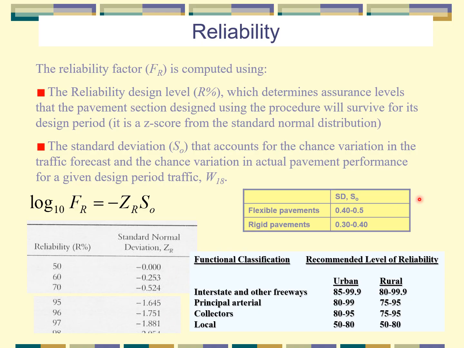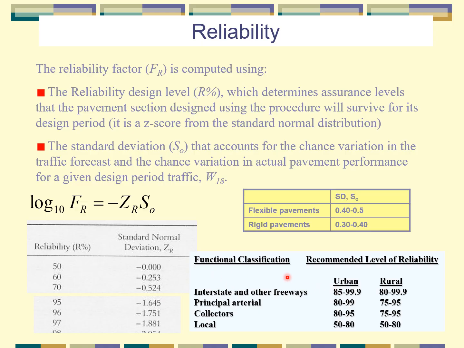As far as S naught is concerned, for flexible pavement AASHTO recommends 0.4 to 0.5, and for rigid pavement 0.3 to 0.4. So by using the values of S naught and Z sub R, we can get F sub R, the reliability factor.